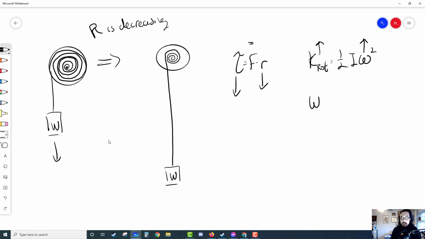Another way you could look at it is work is equal to the change in energy, and we know work is force times the displacement. This force is acting on the system and is increasing, therefore there is a change in energy, therefore there is work being done to the system. So there's two ways that you could have approached it. All right, so that was the QQT.